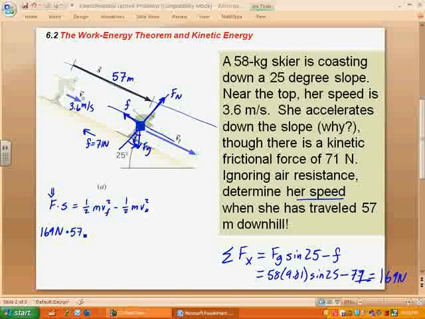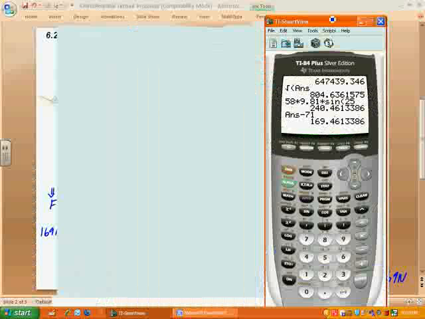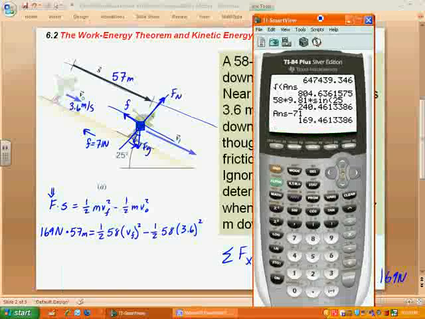So 169 times 57, and then we're going to add the 0.5 times 58 times 3.6 squared. And then we will divide by the 1/2. We will divide by the 58. And then we will, of course, square root the answer, which gives us 18.6 meters per second. All right, there you go.